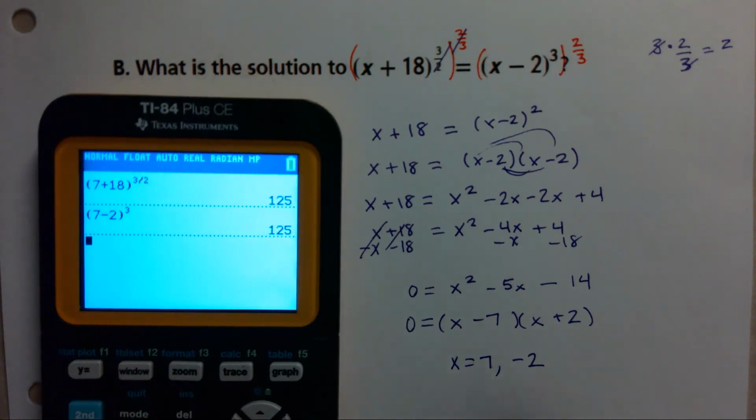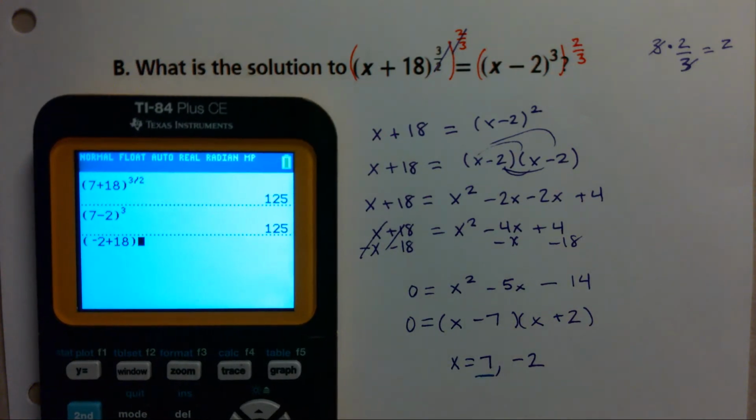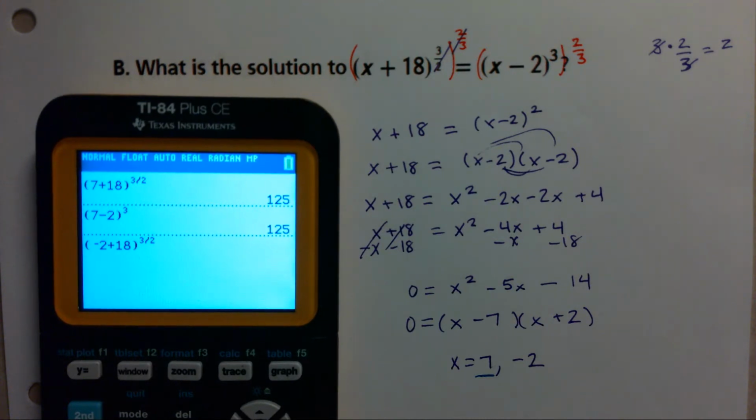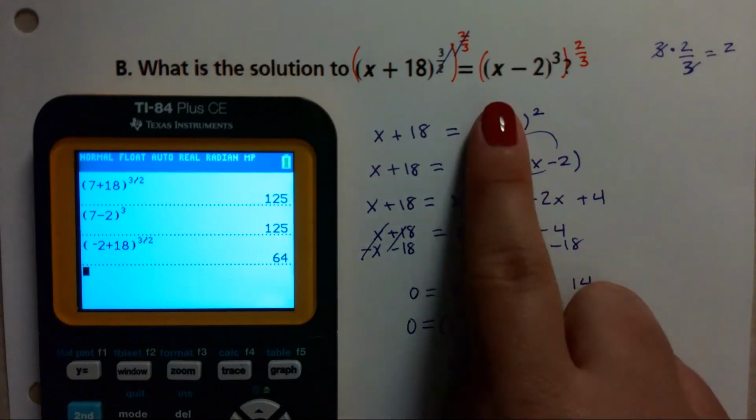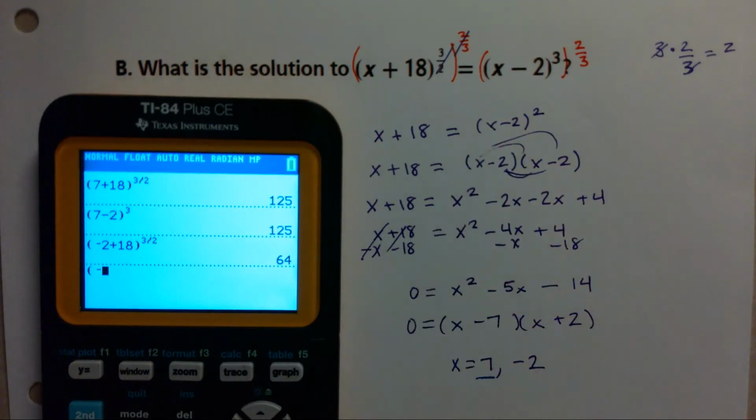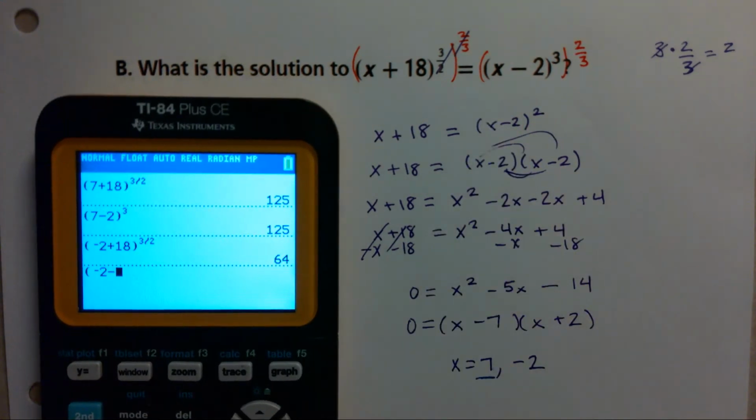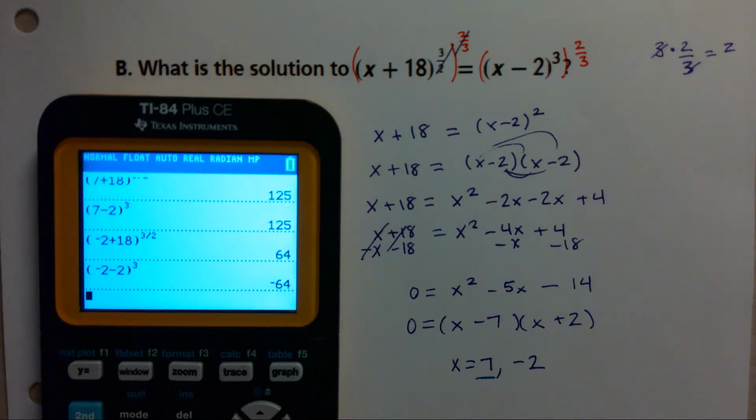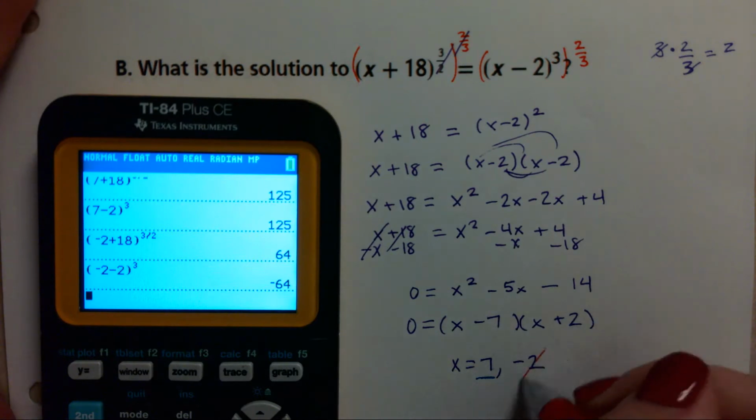Okay, so 7 works. And we're going to try negative 2. So negative 2 plus 18 raised to the 3/2 is 64. And then the right side of the equation, negative 2 minus 2 to the 3rd power, is negative 64. So when I check that one, it does not work. So that is extraneous.